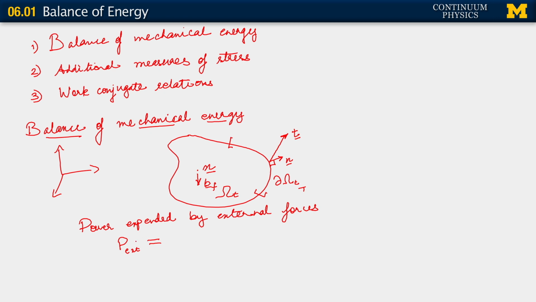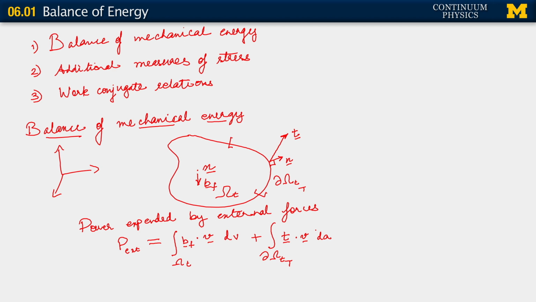So it is each of those forces multiplied by the corresponding velocity, right? Okay, so we have here integral over omega t of Bf dotted with v, the spatial velocity, integrated over the volume, plus the boundary traction T dotted with v dA.